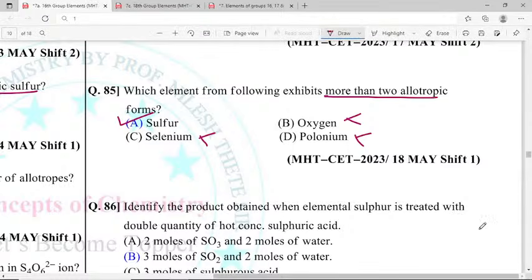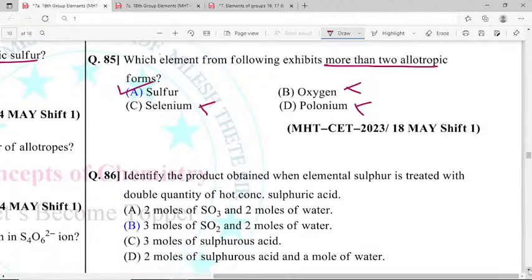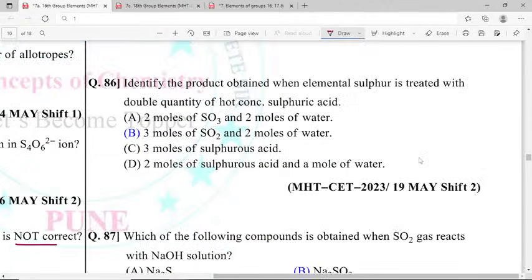Identify the product obtained when elemental sulfur is reacted with double quantity of concentrated sulfuric acid, 2 times H2SO4. Elemental sulfur reacts with H2SO4 and gives 3 moles SO2 and 2 moles water.